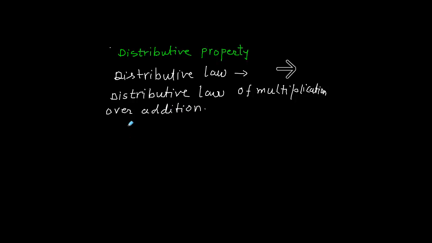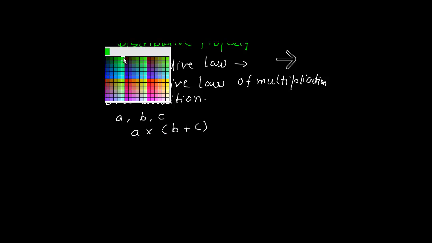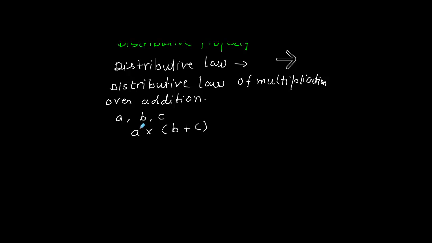That means if we have three numbers A, B, C, A times (B plus C). Since A is outside the parenthesis, you have to multiply each number of parenthesis with A, like this.